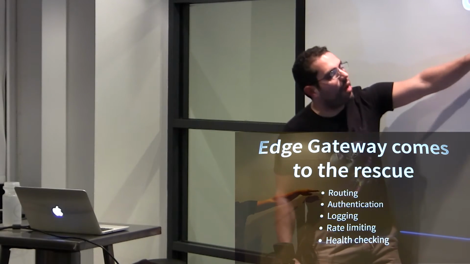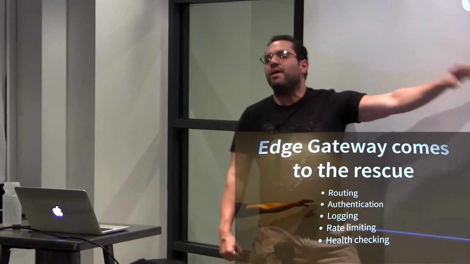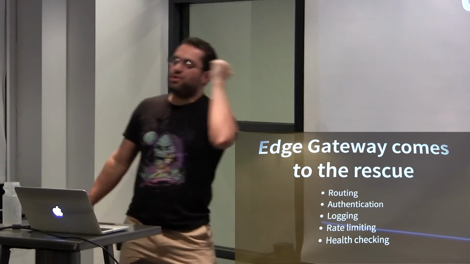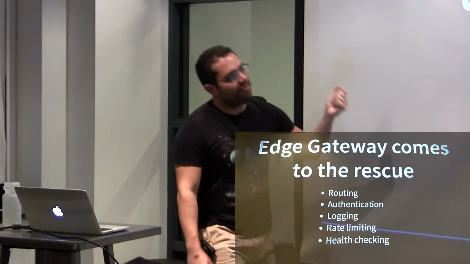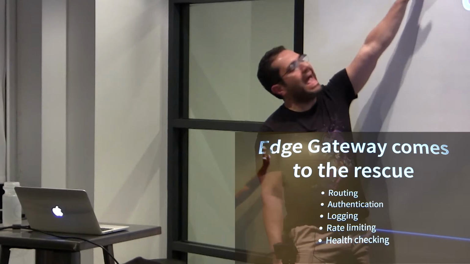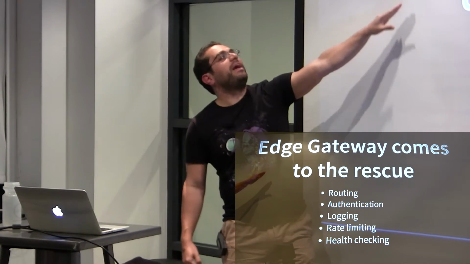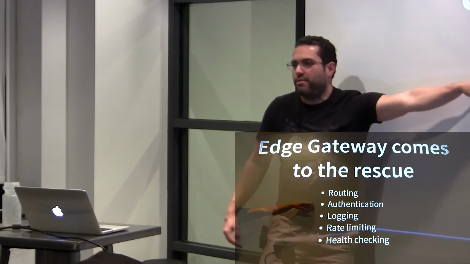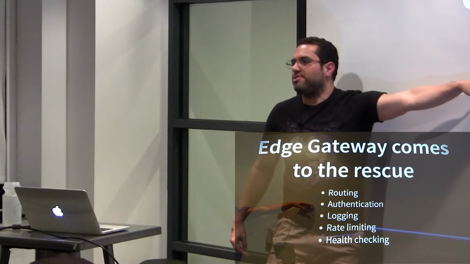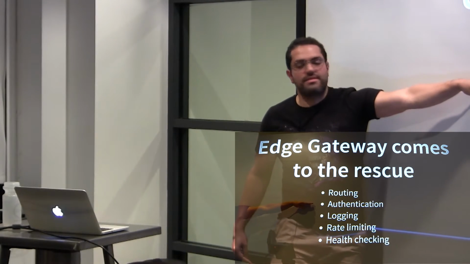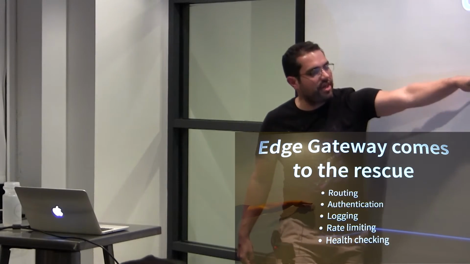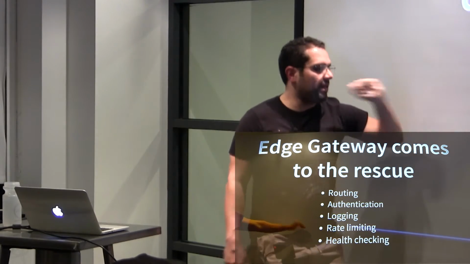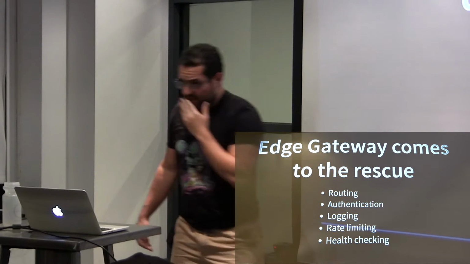So it's doing the routing, it's going to do authentication, so when you're sending your session cookie, when you're sending your OAuth token, it's being validated at the edge gateway layer. So if I can't find you as a user in our services, I'm just going to say, hey, nope, you can't send a request to the service because you don't have access to this. So it's going to provide authentication, it does logging, does rate limiting, does health checking for the downstream services.